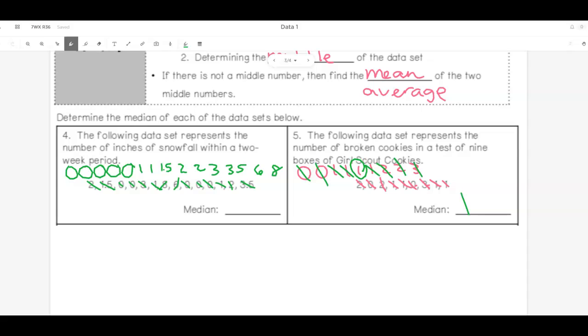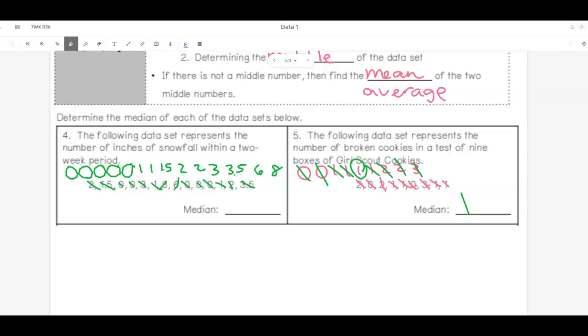I should have 14 numbers. 1, 2, 3, 4, 5, 6, 7, 8, 9, 10, 11, 12, 13. Wait, why do I have 15? Let me count again, 14. Yeah, 14.